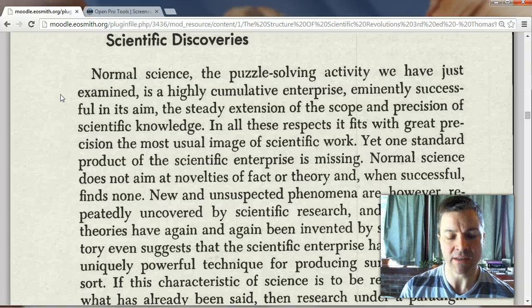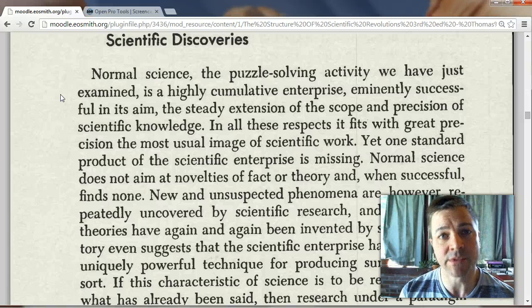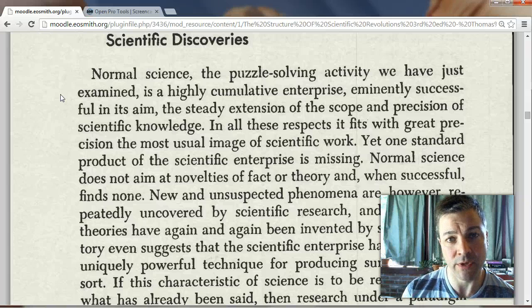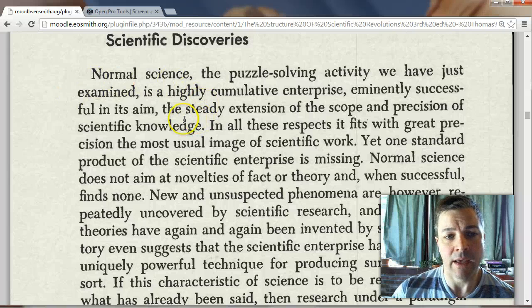So you're basically taking the established theories and you're applying them again and again and again. You're trying to solve kind of outstanding problems around those theories, and you're doing applications of them and extending them. That's normal science. And he says that the aim of normal science is the steady extension of the scope and precision of scientific knowledge, which is what I just described.